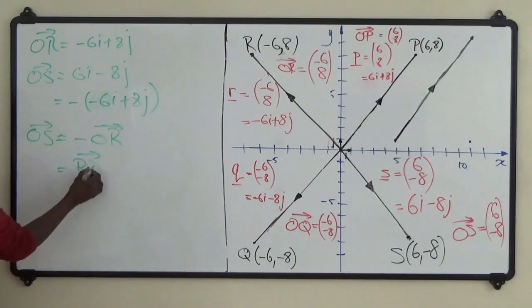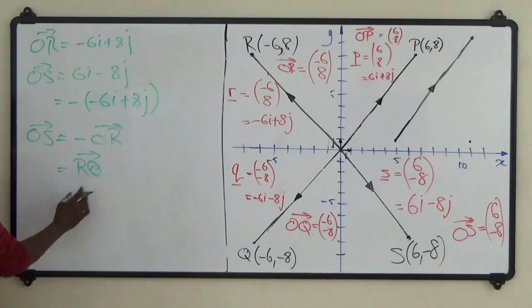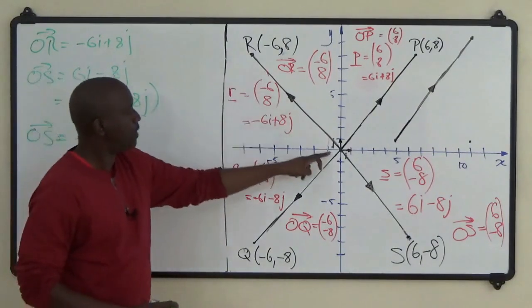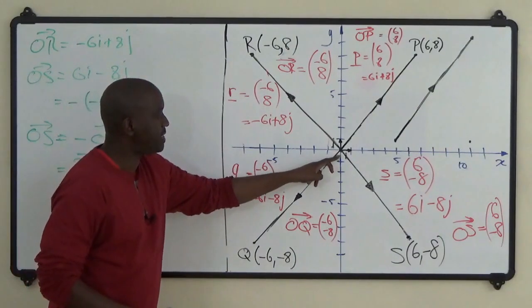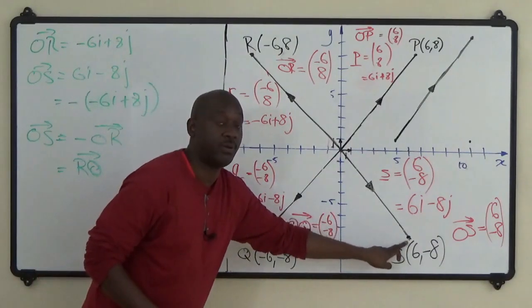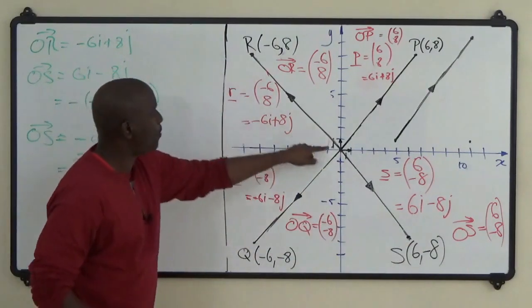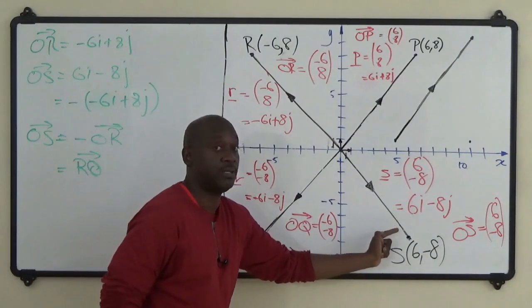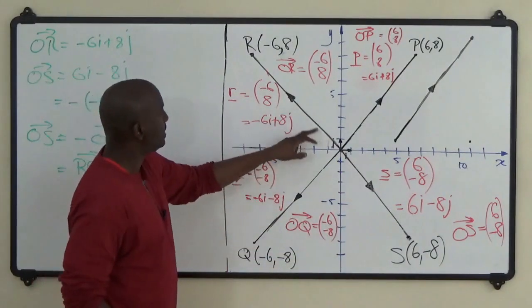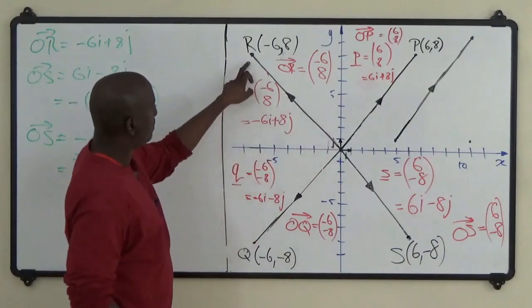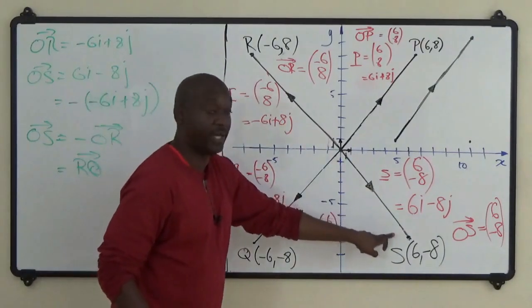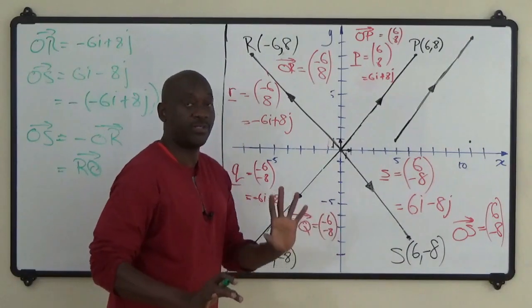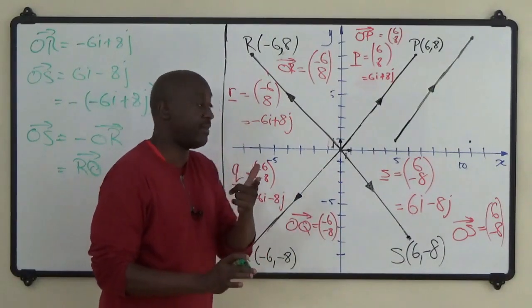So in other words, if we start from R and we move towards O, we're traveling in the same direction as if we had started from O and we move to S. So RO is in the same direction as OS. Right? Remembering, however, that OR is the negative of OS. Remember, of course, that the negative sign means that we're reversing direction.